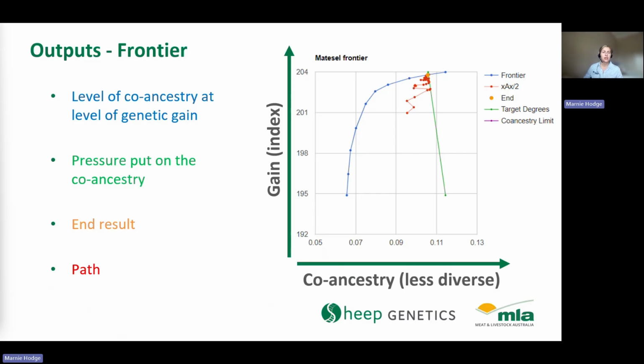The green line tells you the pressure that you've actually placed on co-ancestry. So for each one of those dots on the blue line, if you have, for example, placed 10 target degrees on co-ancestry, the green line will intersect with the first blue line on the front here. It's a little confusing, but we can go through it during the run as well.